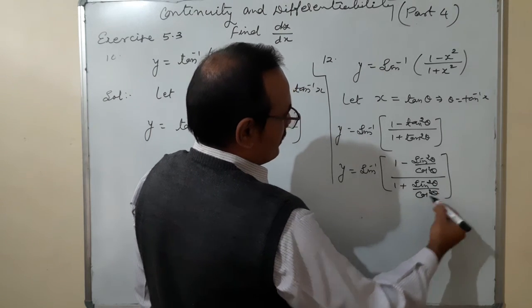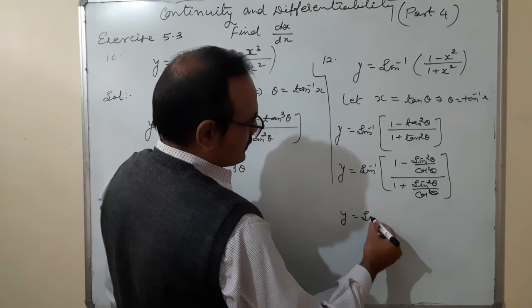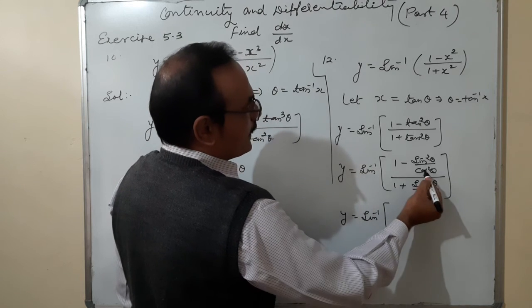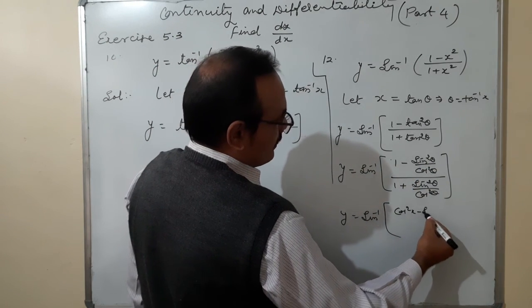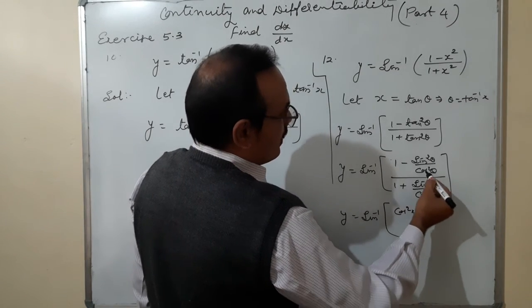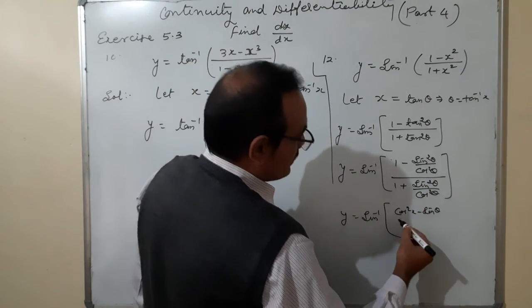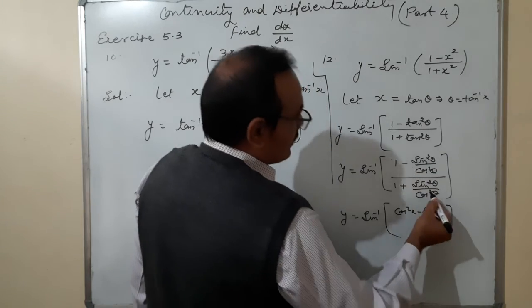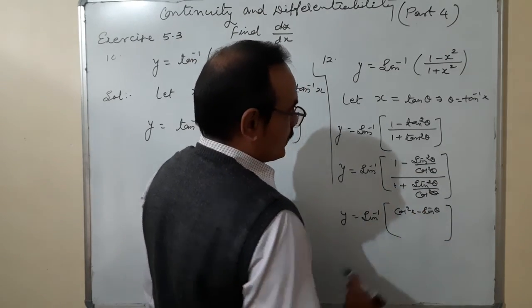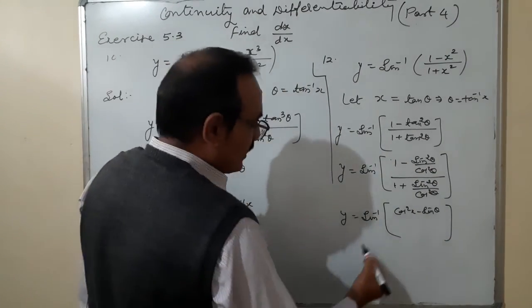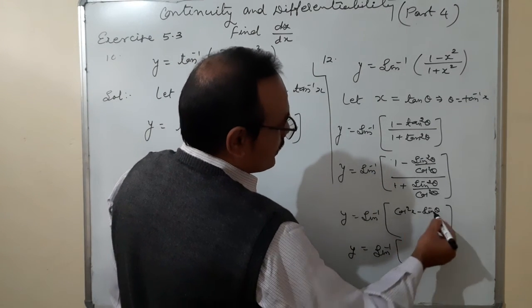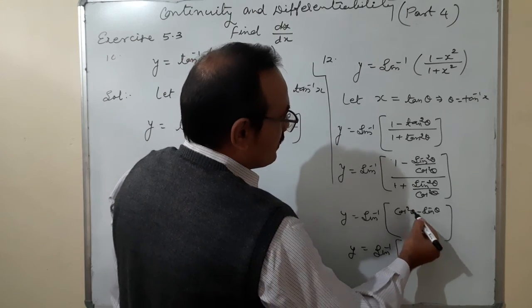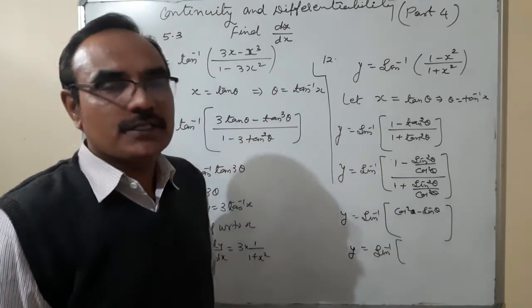So y is equal to sine inverse, when we take LCM, cos square theta minus sine square theta upon cos square theta, cancel, and it is coming cos square theta plus sine square theta, that is 1. So y is equal to sine inverse of cos square theta minus sine square theta. What does it mean? It is cos 2 theta.